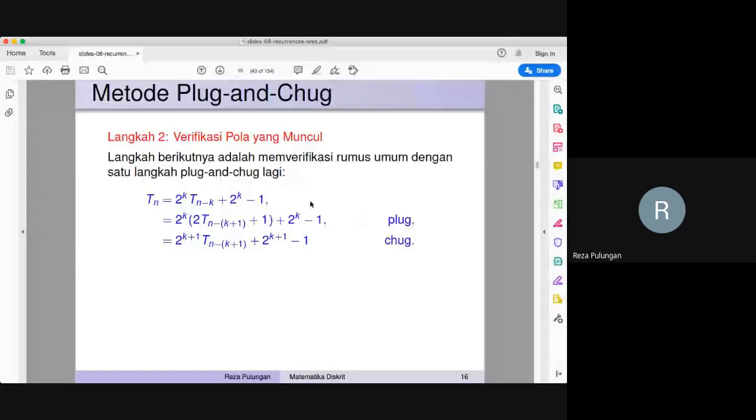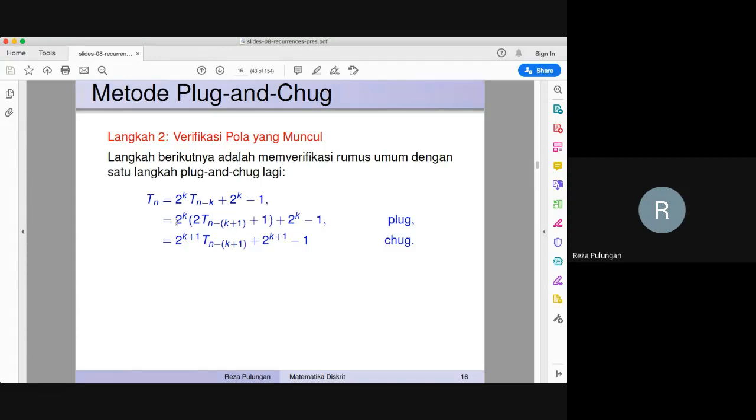So this is plugging, and then you chug. You simplify 2 to the power of k multiplied by 2. Well, 2 to the power of k plus 1. And then here we have Tn minus k plus 1. And then 2 to the power of k multiplied by 1.